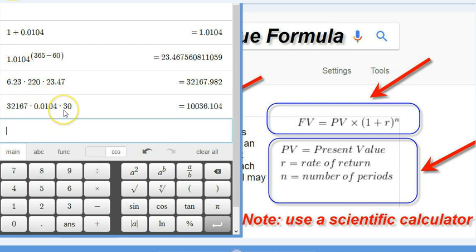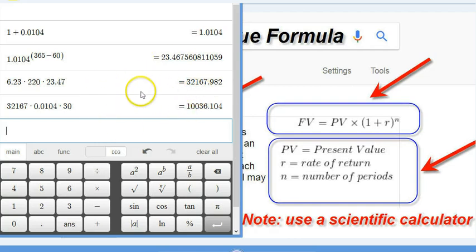Multiply that by 30 days. That particular cloud mining account for me in 305 days from now, which is what I'm planning to do, will produce for me $10,036, basically over $10,000 per month. That cloud mining contract, I will explain more for that.